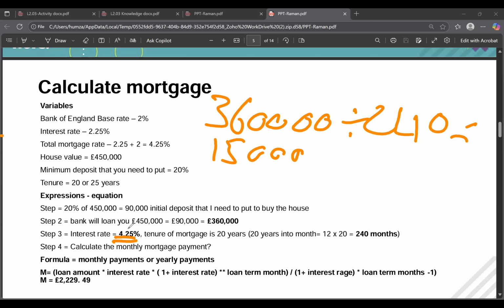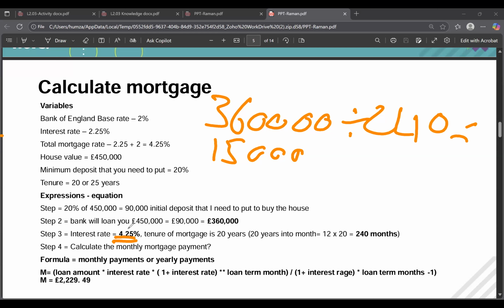How do you write 4.25 in decimal? How do you convert it from percentage to decimal? I think that is my problem.